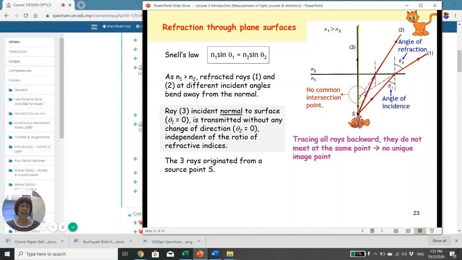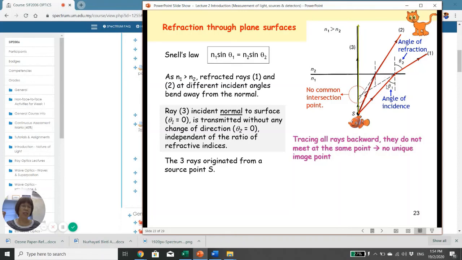But a ray that is at a certain angle, this angle here, will meet the surface and then bend. If this medium has a refractive index which is smaller, that is a less dense medium, then this transmitted ray will make a larger angle with the normal.